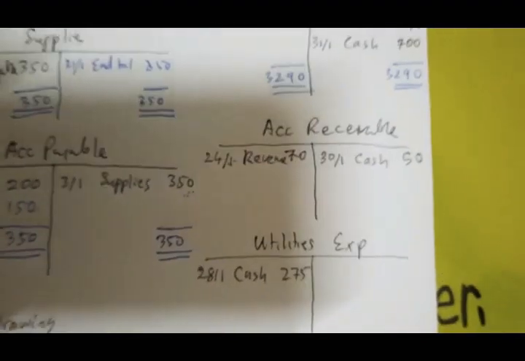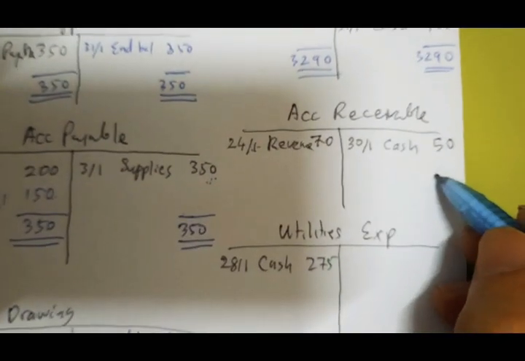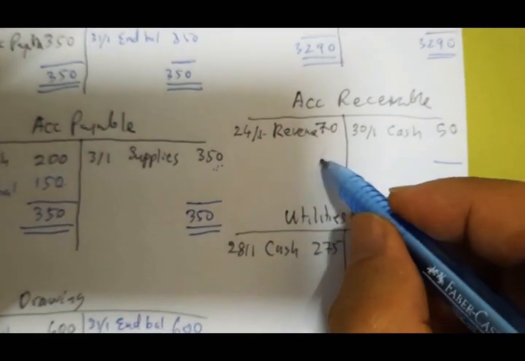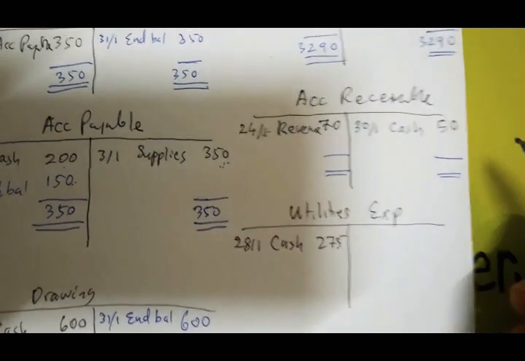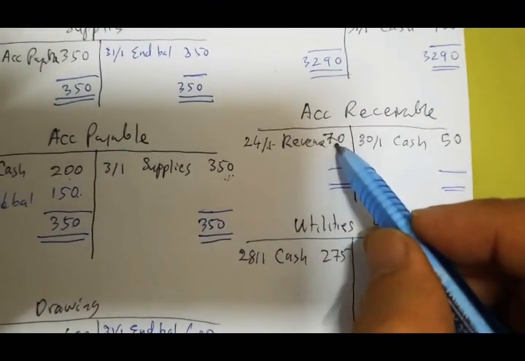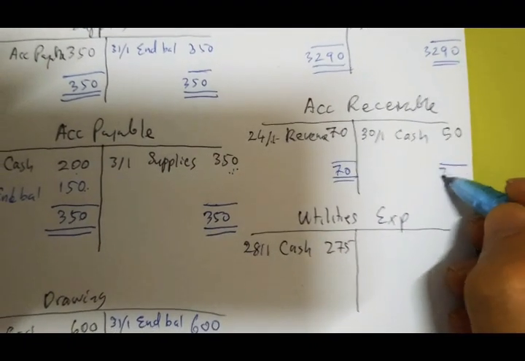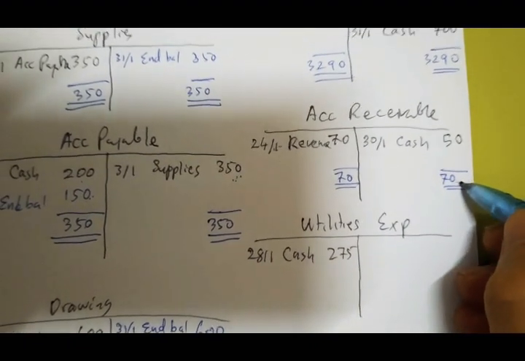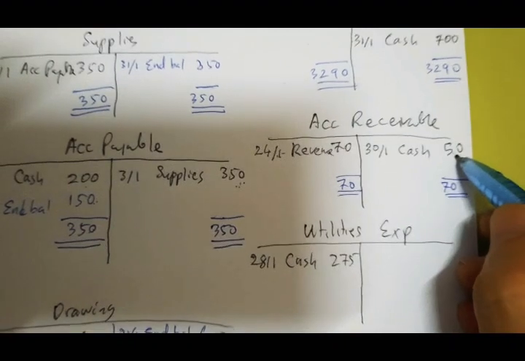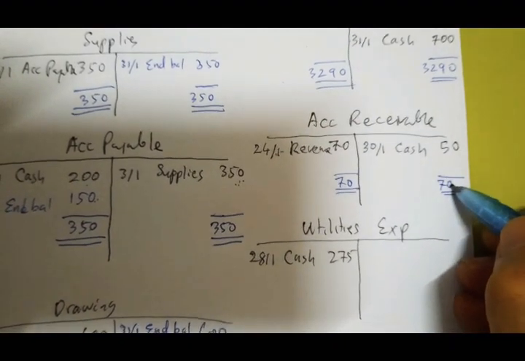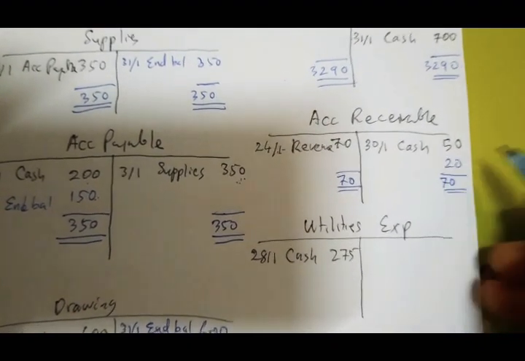Okay, account receivable. See here, receivable. Like I said earlier, you choose the highest number. So the highest number is 70. So you have to put also 70 here. So this one is the lower number. What is the difference between this one and this one? The difference is 20.